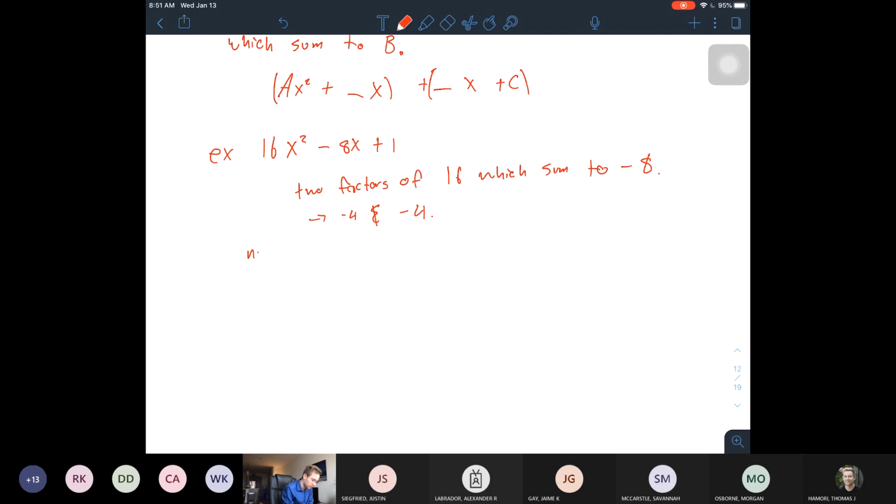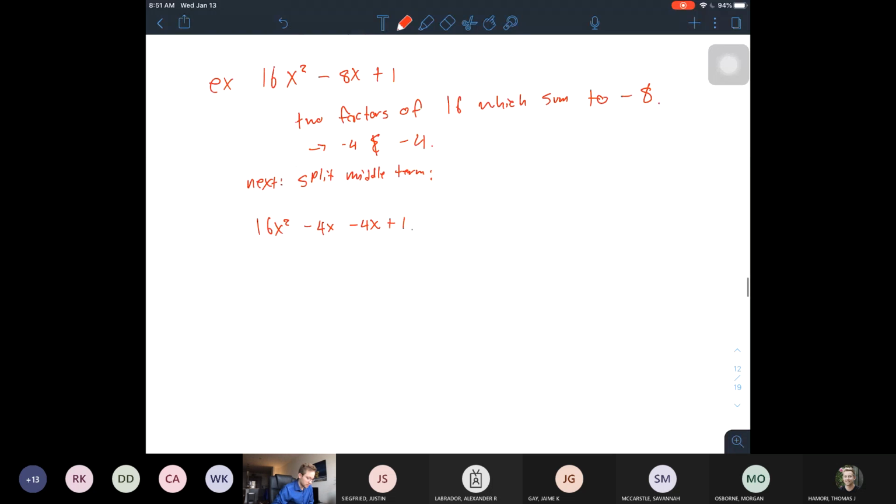So next, we split the middle term. So we'll have 16x squared minus 4x minus 4x plus 1. Okay. We've got 16x squared minus 4x plus 1.